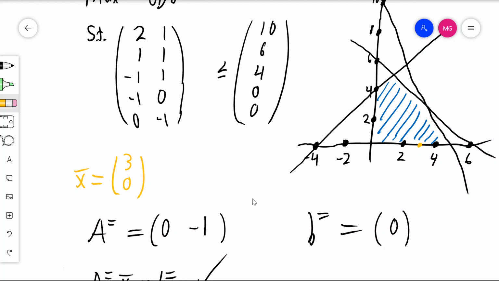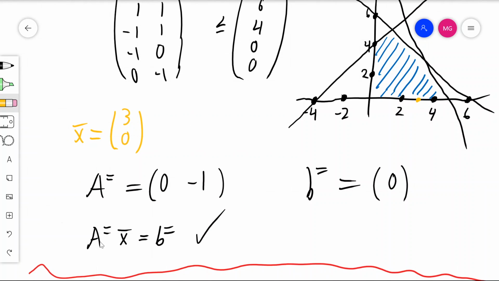So it's just a one-component vector. And then you can see that A equality times x bar is B equality. That has to be true in general, and you can just verify it. In this example, it's just one constraint to check. So 0 times 3 plus negative 1 times 0 is 0, and the right-hand side is 0, which is consistent with the fact that this point lies exactly on this boundary.